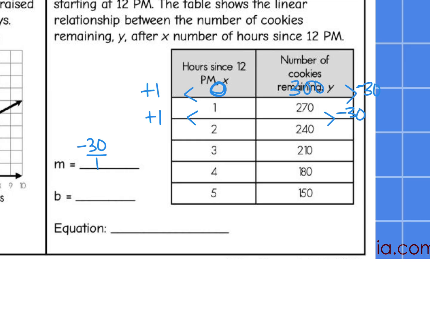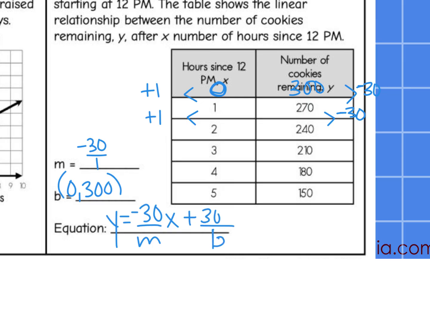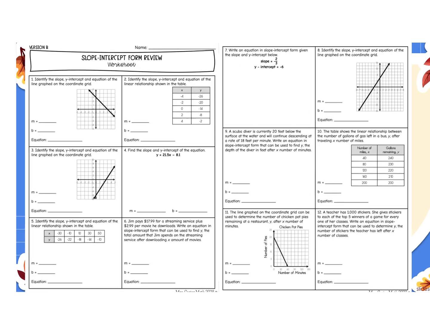Well, that's going to be 300 cookies that we started with. So Y equals negative 30x plus 300.